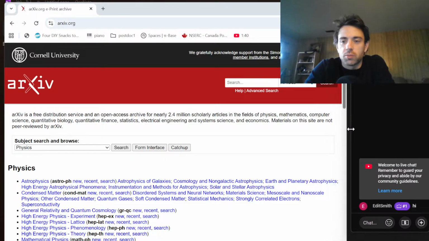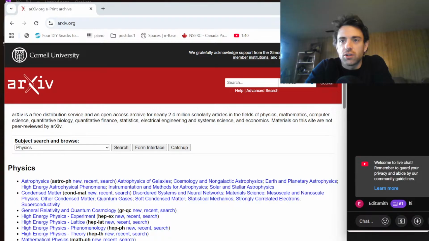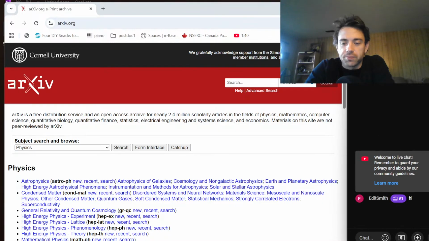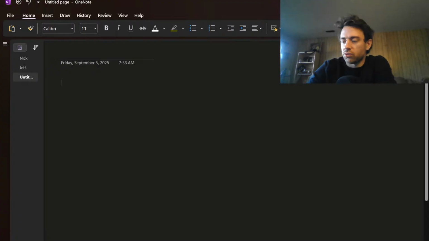So let's talk about algebraic topology first and finally put this one to rest. Because yeah, here's the universal cover.